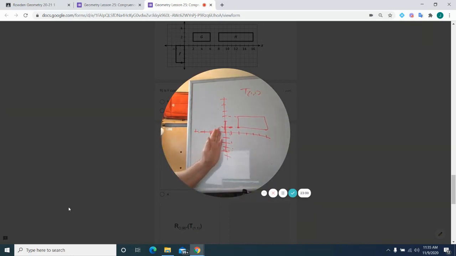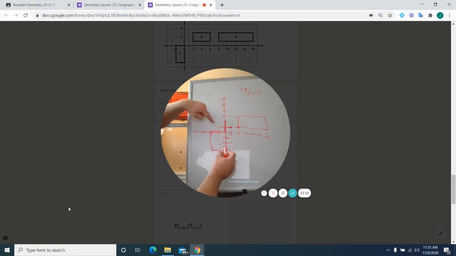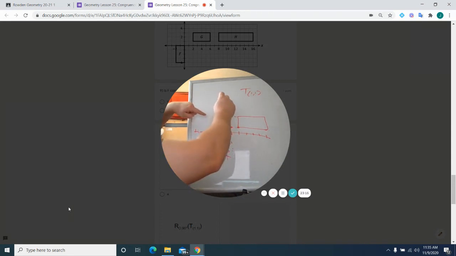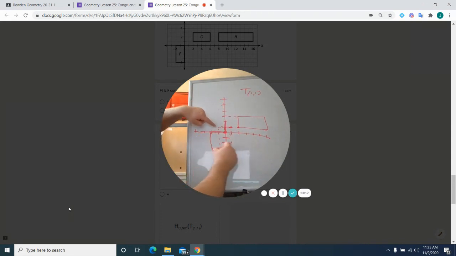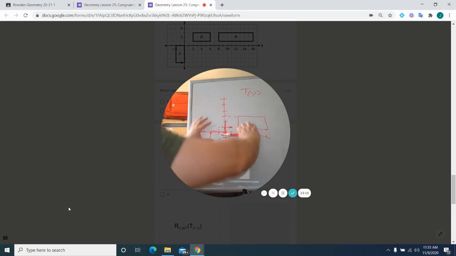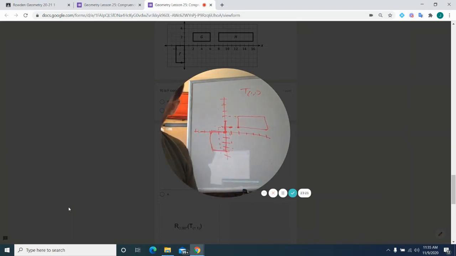So you see, we take the whole thing, move it up 1 over 1. And then it wants us to rotate around the origin 90 degrees, which would move us. Here's the origin. A 90-degree rotation would move us over. It would make it rotate like that. That's not going to do it either.